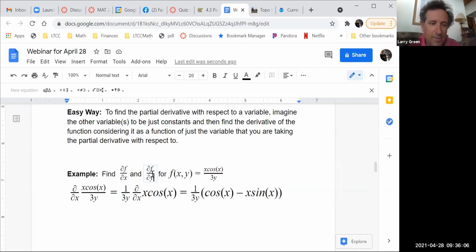Give it a shot, spend a minute or two, and see how you do. And while you're doing that, I'm going to type in another example just for fun. So let's see if you can find the partial derivative of f with respect to y. It's not that hard if you know what to do.